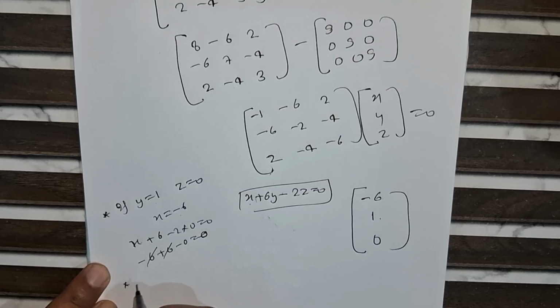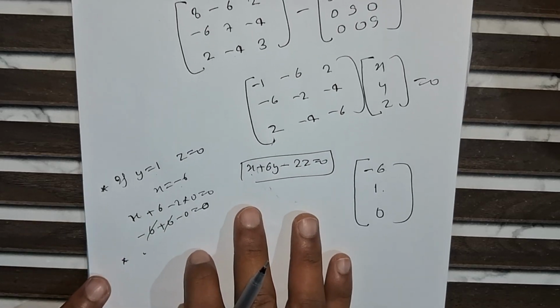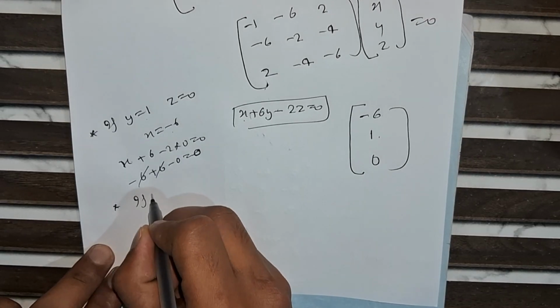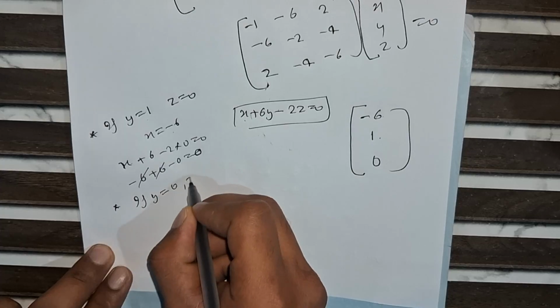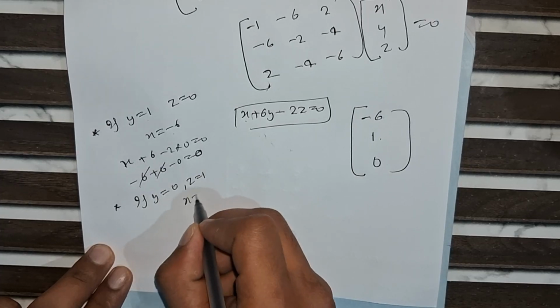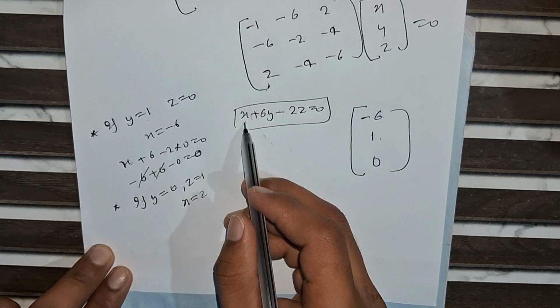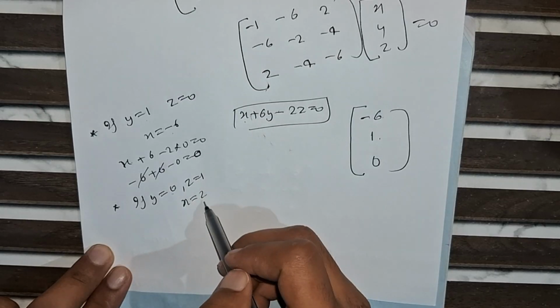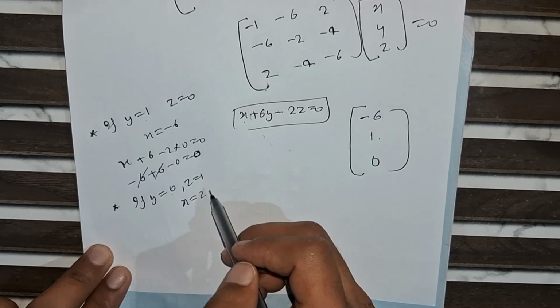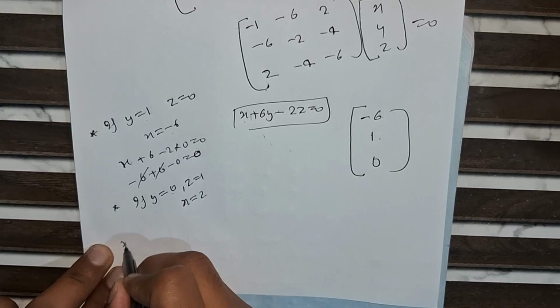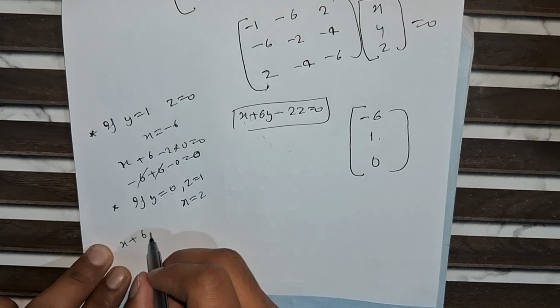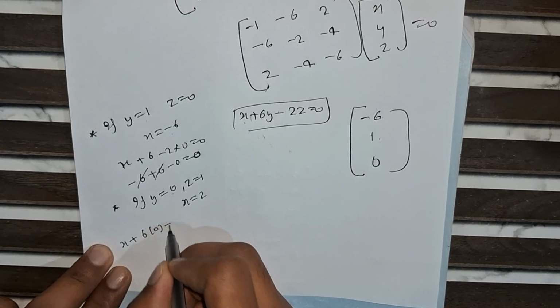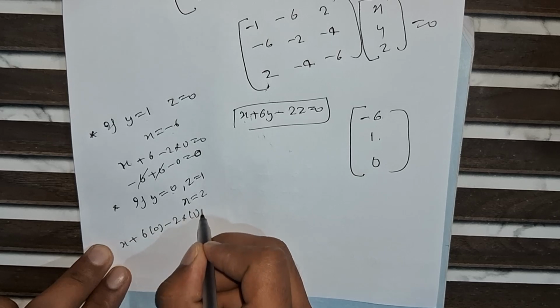Now the second case is, if y equals 0 and z equals 1, then the x value equals 2. If I put y equals 0 here and z equals 1 here, then what is the x value, which equals 2? Now let's solve it. x plus 6 times y, where the y value is 0, so 0, minus 2 into z value 1, equals 0.